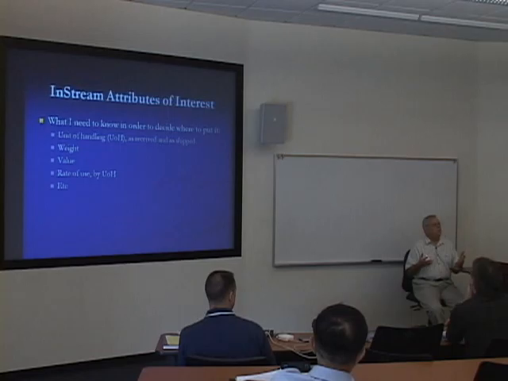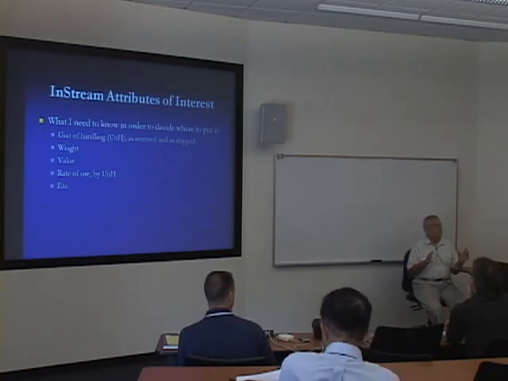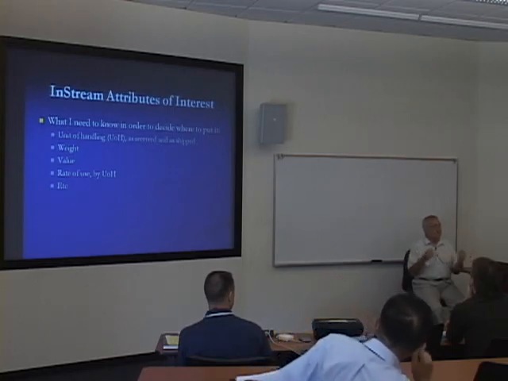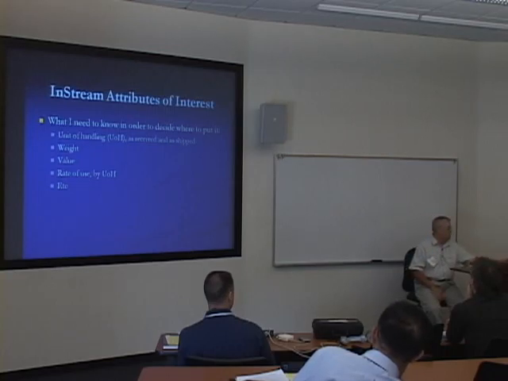I may care about the sizes of the quantities I receive, and how fast this stuff goes through the warehouse. Those are all intrinsic attributes of the goods being received.